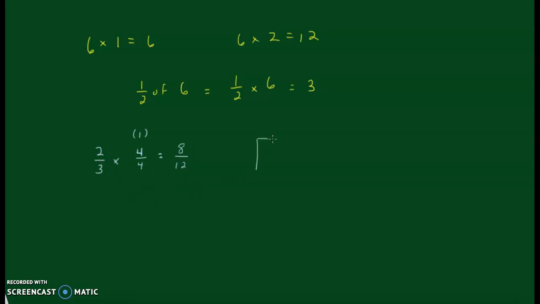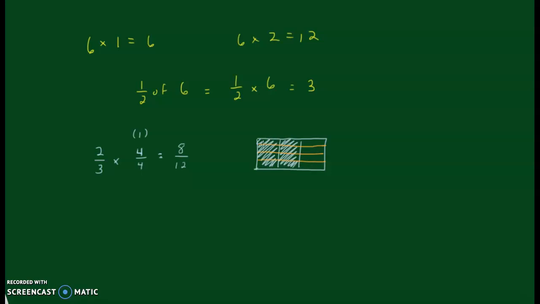If I drew a picture here, okay, and I shaded that in, that's 2/3. Now if I change that to 12ths, the orange doesn't work the greatest. Hopefully you can see that all right. But now, changing that to 12ths, 1, 2, 3, 4, 5, 6, 7, 8, 9, 10, 11, 12.